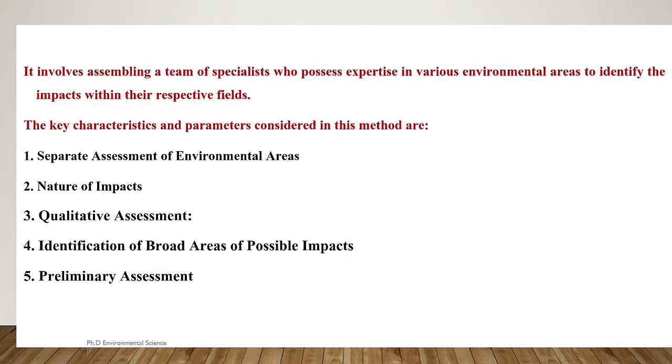Fifth, preliminary assessment. This method serves as a preliminary assessment to provide a general understanding of the potential impacts. It helps in identifying key areas that may require further detailed assessment or mitigation measures.